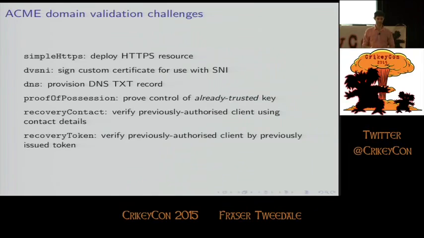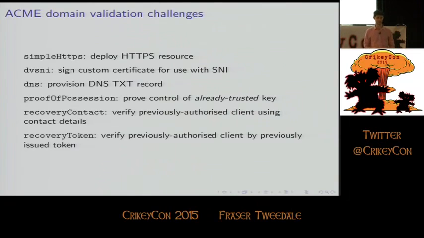DVSNI, which is domain validation by server name indication, which has the client sign a custom certificate and then set up a host within the server software such that when the server contacts that host with a particular value in the server name indication TLS extension, the server will respond with this custom certificate, which will contain the information that the server will validate. Sorry, when I say server here, I'm talking about the ACME server, so the certificate authority.